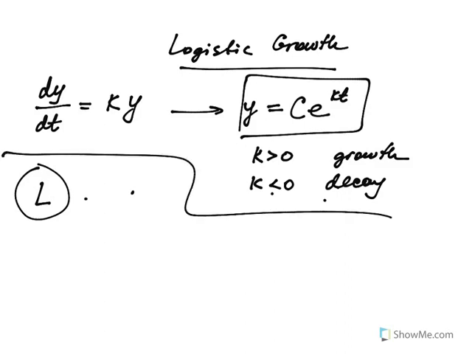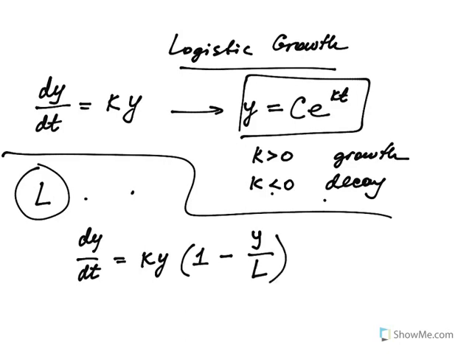It's a different model, and it looks like the following differential equation: dy/dt equals k y times (1 minus y over that value, L, that I just mentioned a second ago). The equation that is a solution for this particular differential equation, of course, is not going to look like that, obviously.